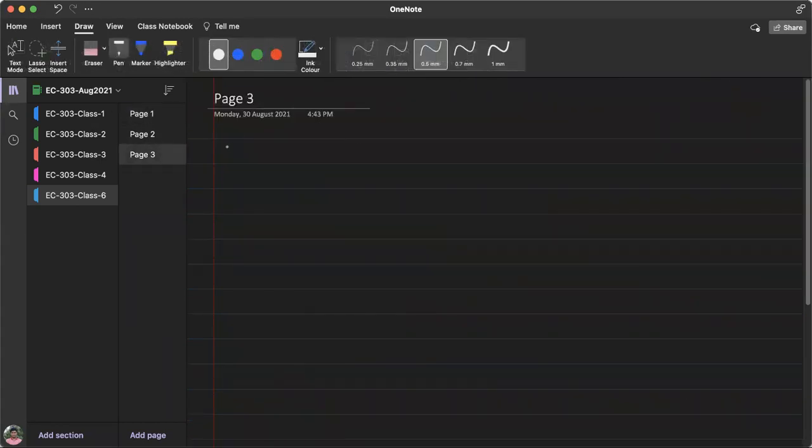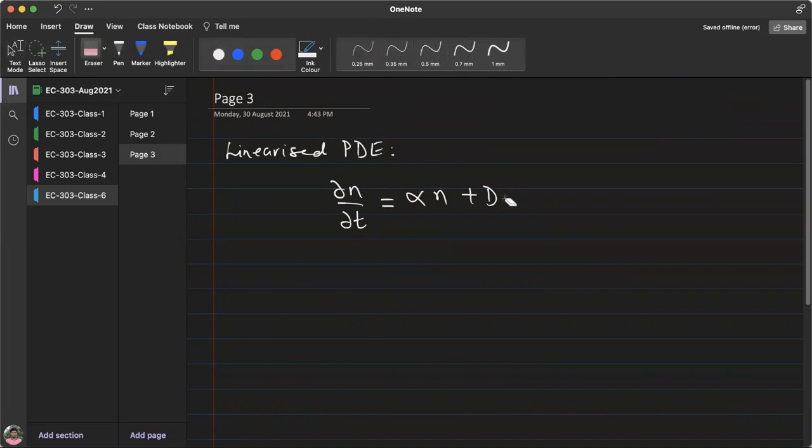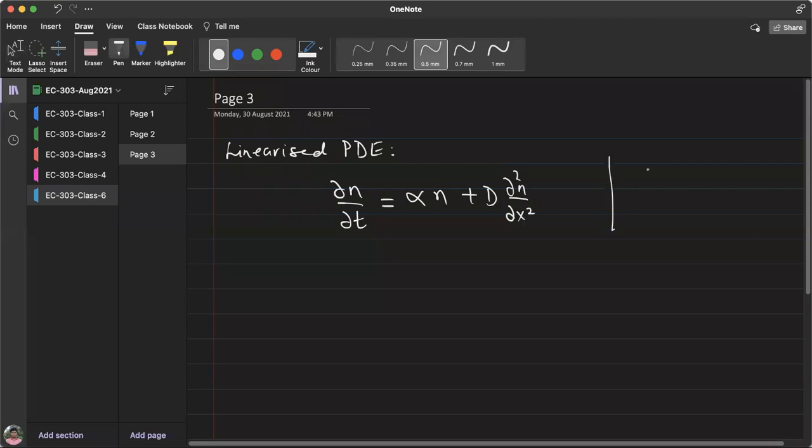So let's write down the linearized PDE for the perturbation. We only knew how to deal with homogeneous perturbations. We now want to deal with non-homogeneous perturbations. Remember that when we were simulating, we also used periodic boundaries.